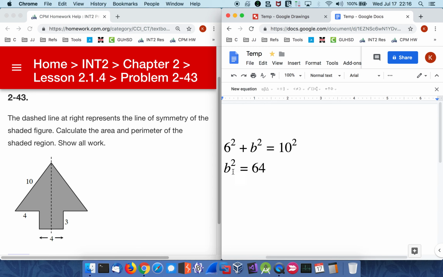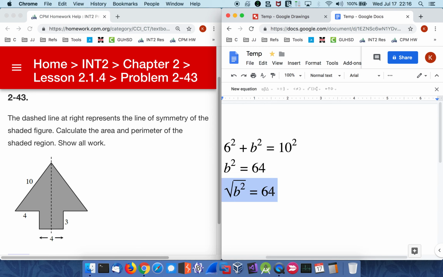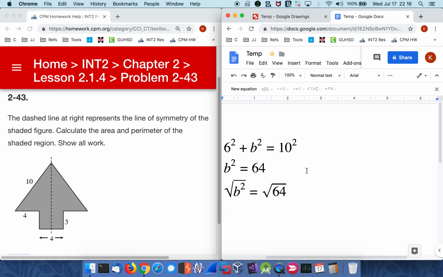Now how do we get rid of this square? We take the square root, which means we need to take the square root of the other side too, and that gives us B equals 8.